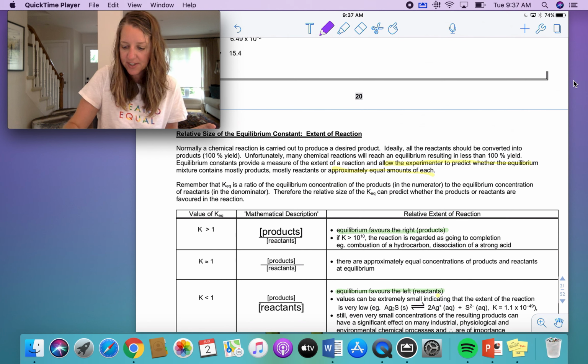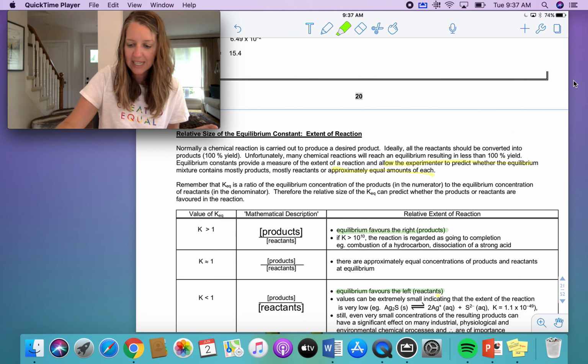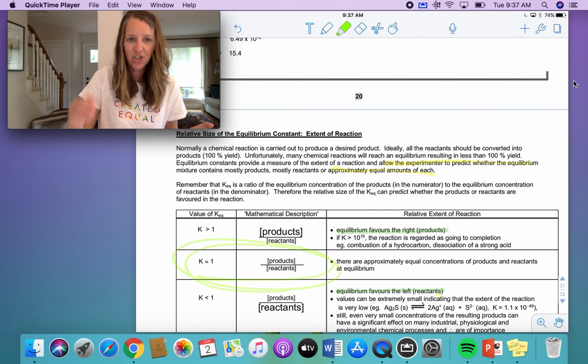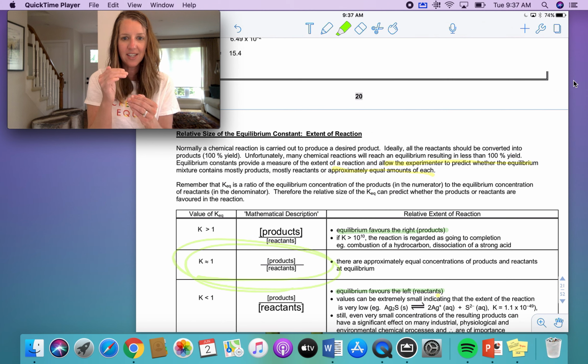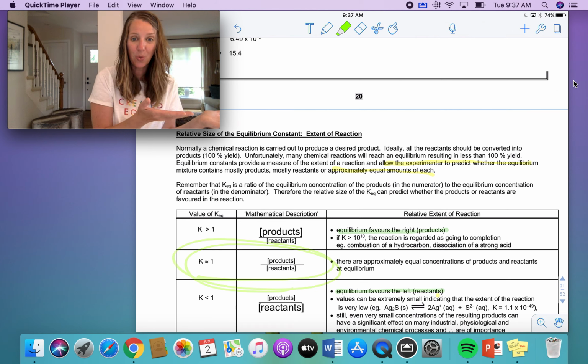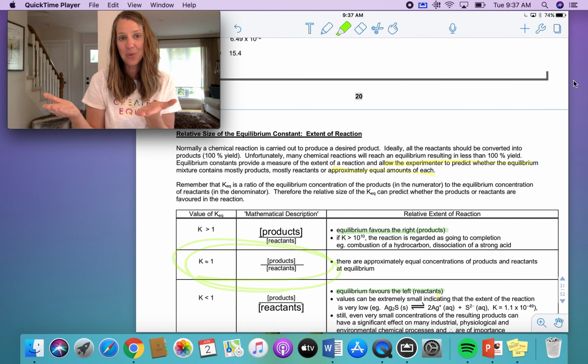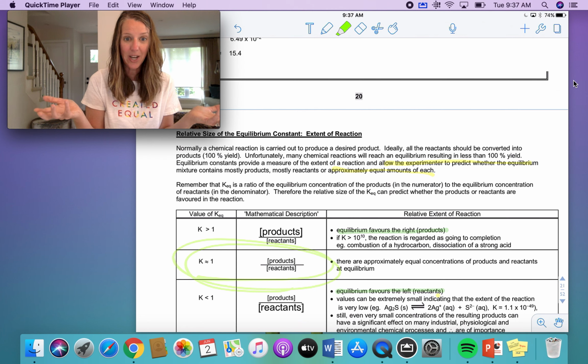Because if you're at a system where you have approximately the same concentrations of the products over the reactants, then you're going to mathematically come up with a value that's equal to about 1. So if K is close to 1, then it must mean at equilibrium, you've got about the same amount of reactant and product, because mathematically you divide them and you're going to end up with 1.